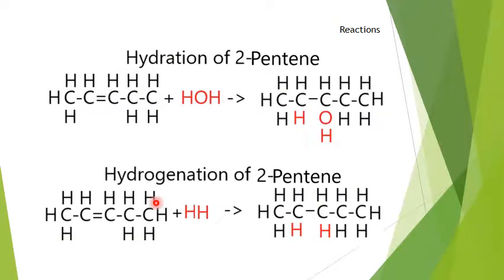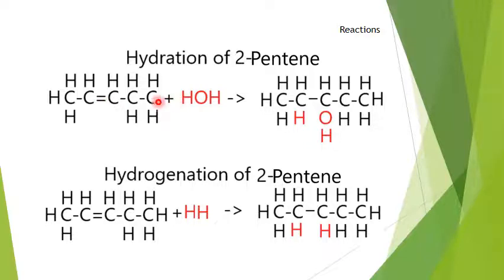All right. Next, I want you to know a couple of reactions that have to do with alkenes. The first one is called hydration, where you take an alkene and add water to it.